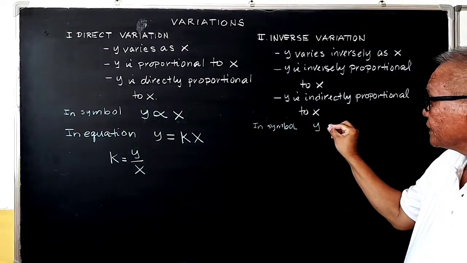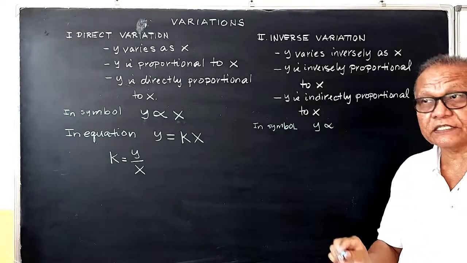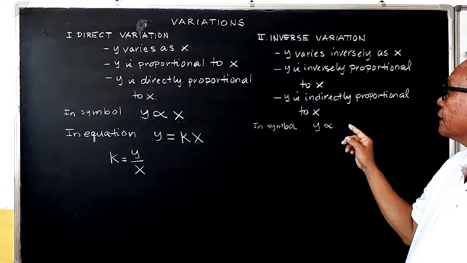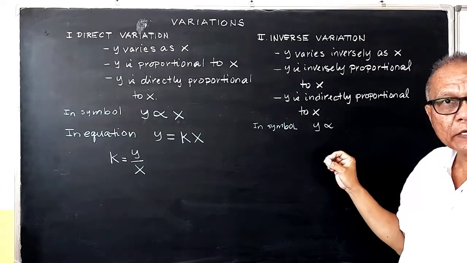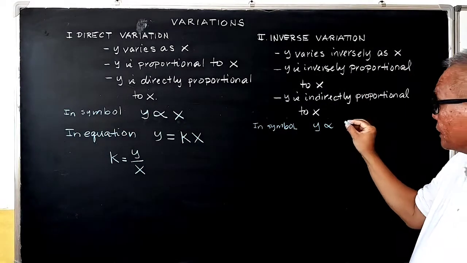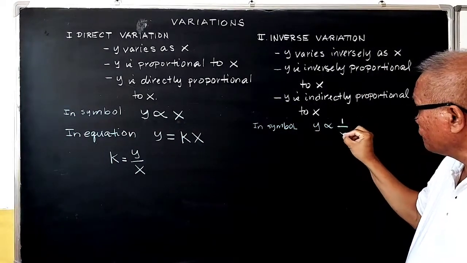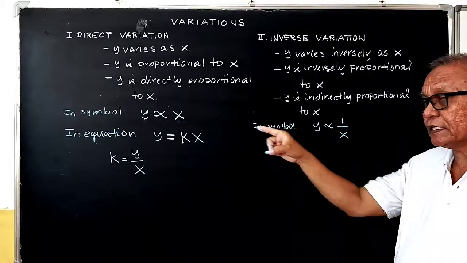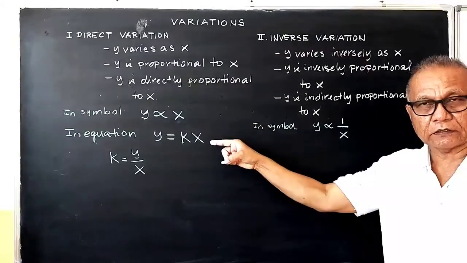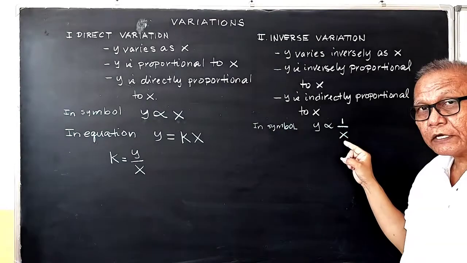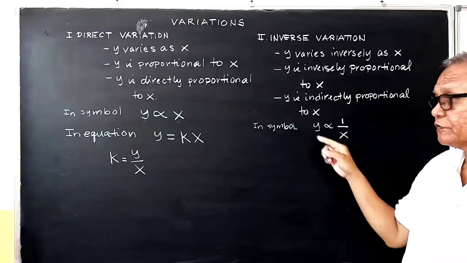Y, and then the symbol varies, still the same, but this time the x should be 1 over, or the reciprocal of x, which is 1 over x. If x is up, that is direct variation. If that is the reciprocal of x, that is the inverse variation.